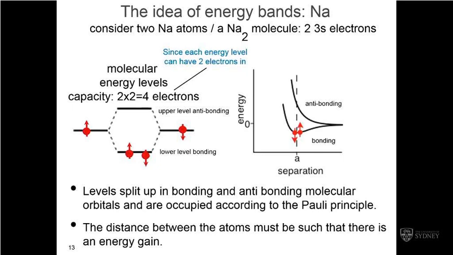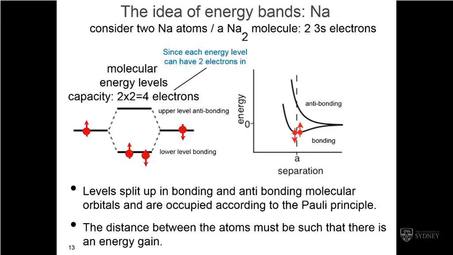What happens is your energy diagram starts to look a bit like this, okay? Let me explain. A is the separation, so when the separation is really big, you just have the position of the isolated 3s electron of the sodium atom. Remember, we're only considering the outermost ones.